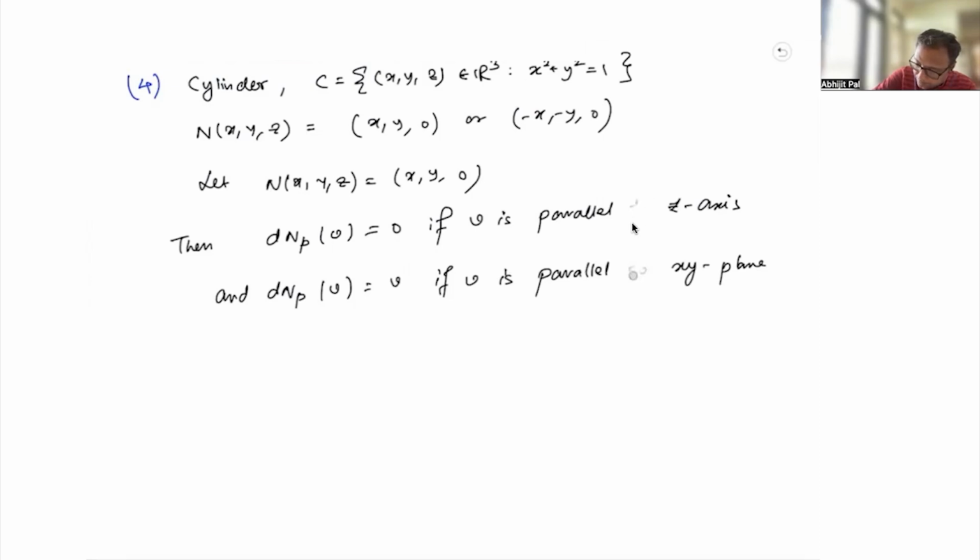This implies that the eigenvalues of this linear map dn_p are 0 and 1.